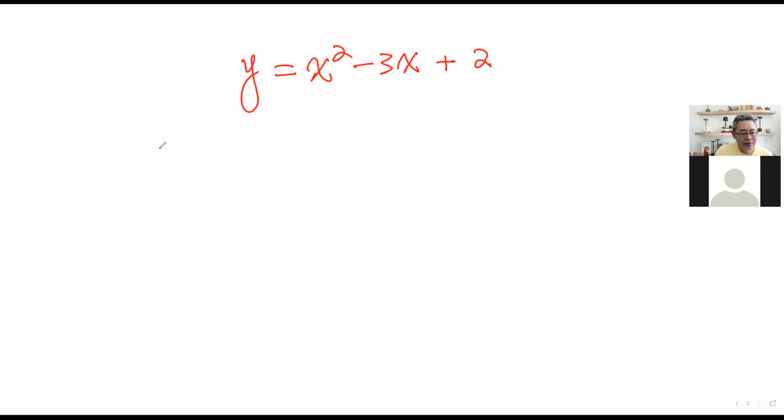Okay, so we know our h is minus b over 2a. Our k is 4ac minus b squared over 4a. Let's see what you got, okay? You can type on the chat.